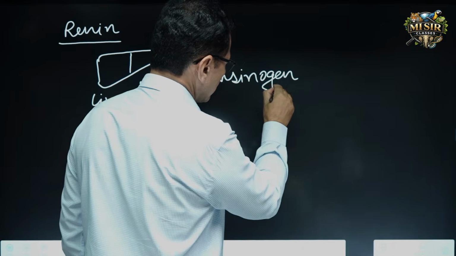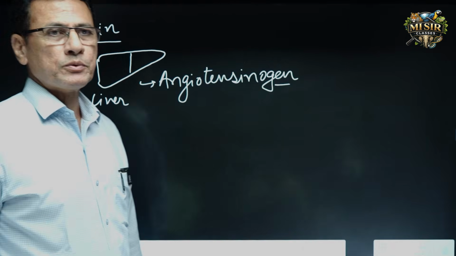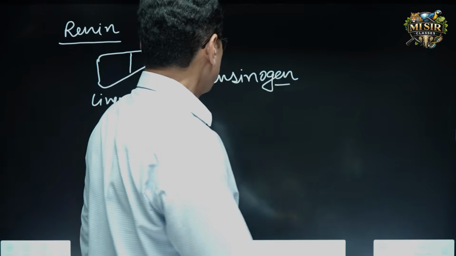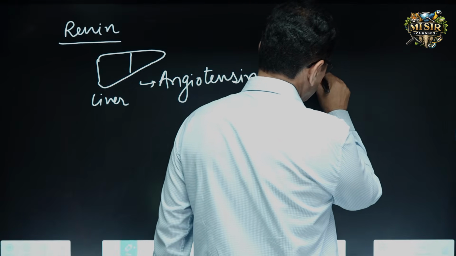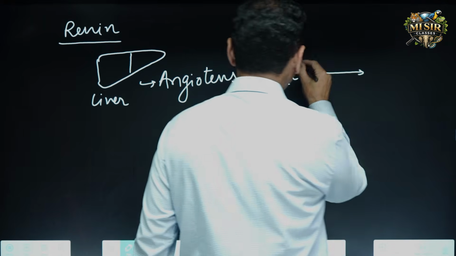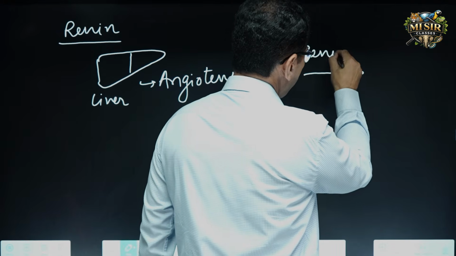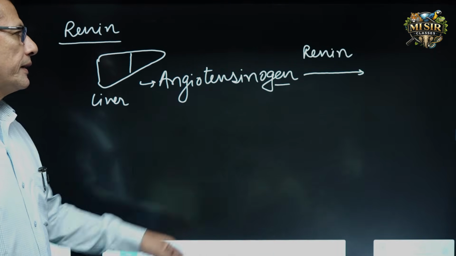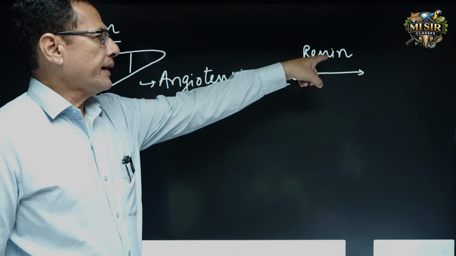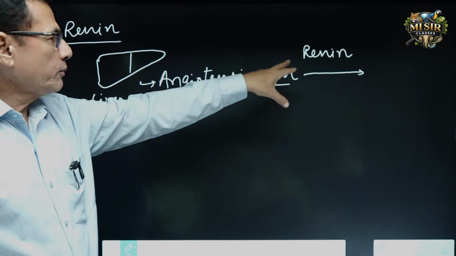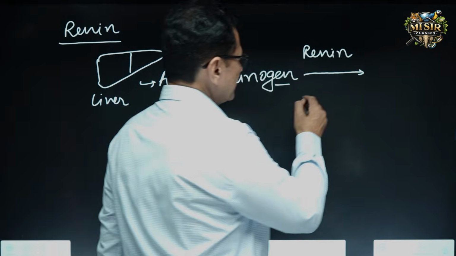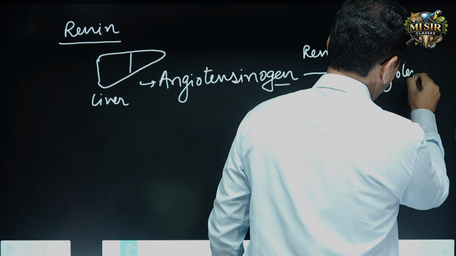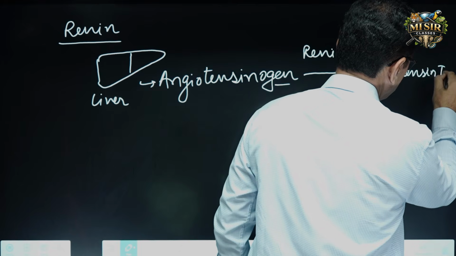It is a zymogen, an inactive enzymatic substance, an inactive protein. This acts as a substrate for renin. Renin cleaves it. Renin acts as an enzyme as well as a hormone over here. It breaks angiotensinogen into angiotensin 1.